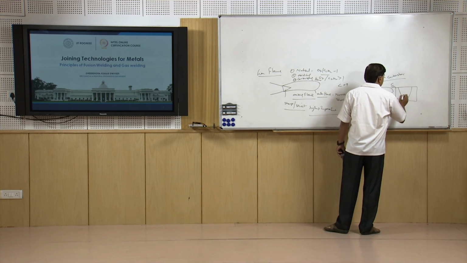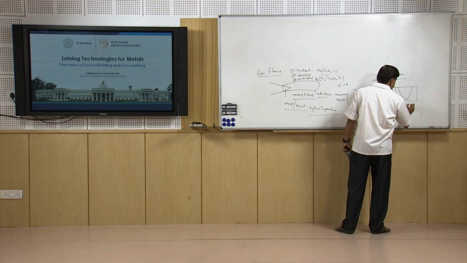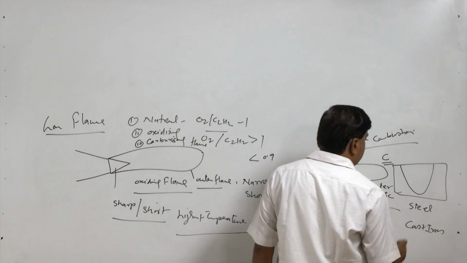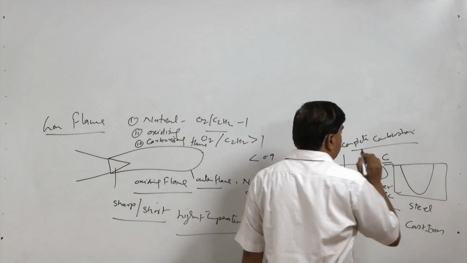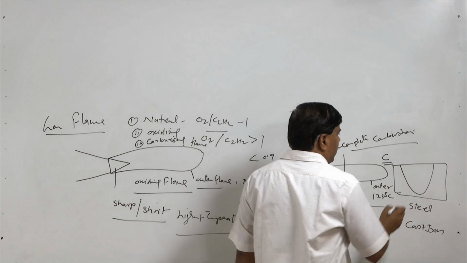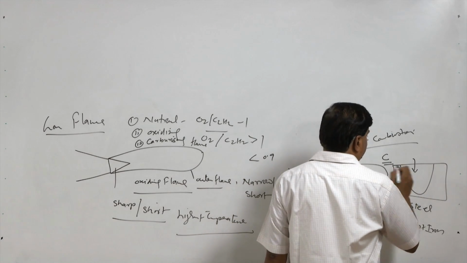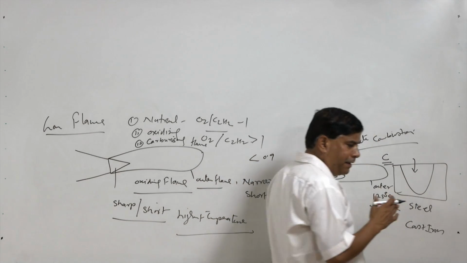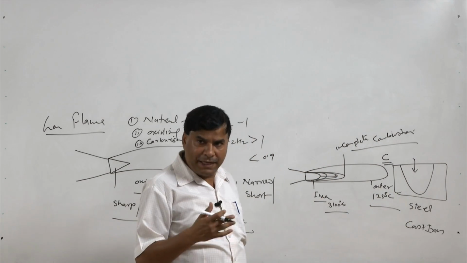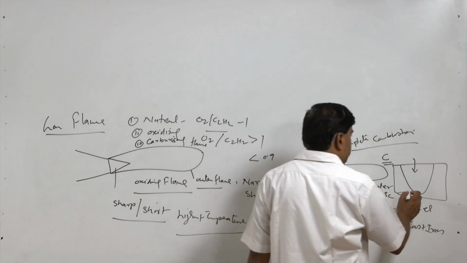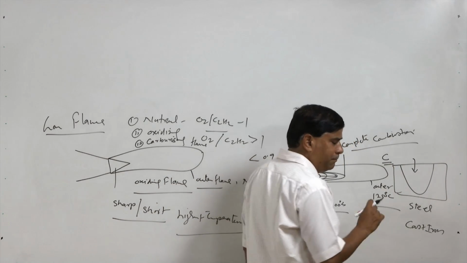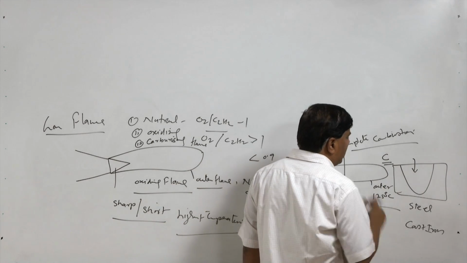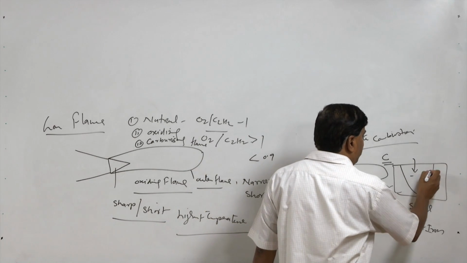Especially in case of steels and cast irons, there is transfer of the unburned carbon to the weld, because the carburizing flame has a lot of incompletely burned fuel gases producing carbon which gets transferred to the weld pool.